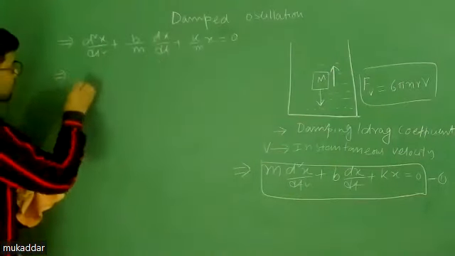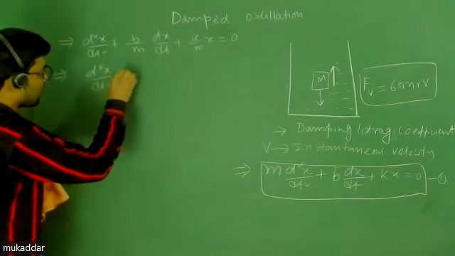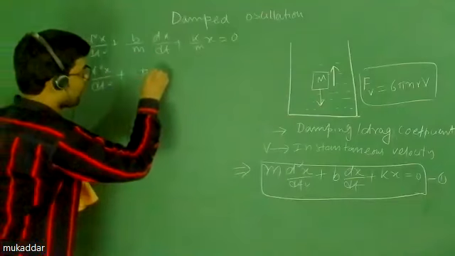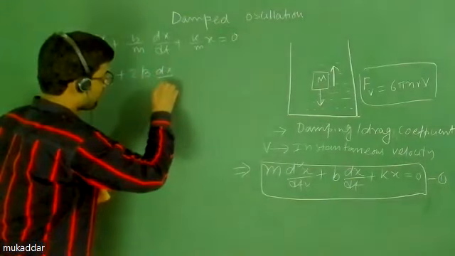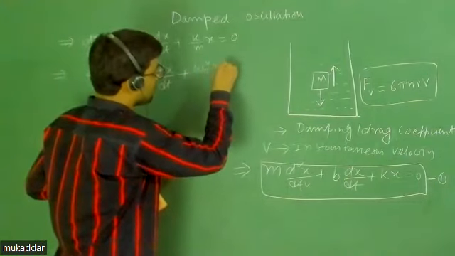Further, I can write d square x by dt square plus 2 beta dx by dt plus omega naught square x, that is equal to 0.